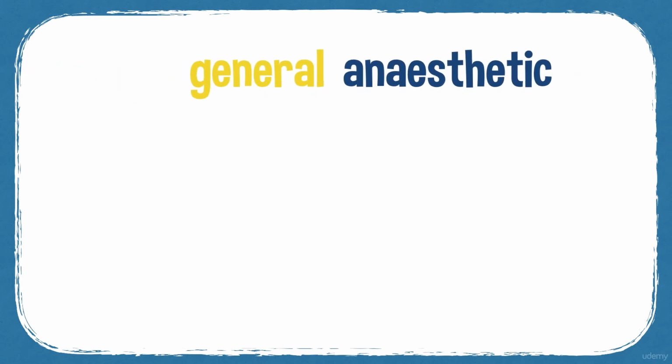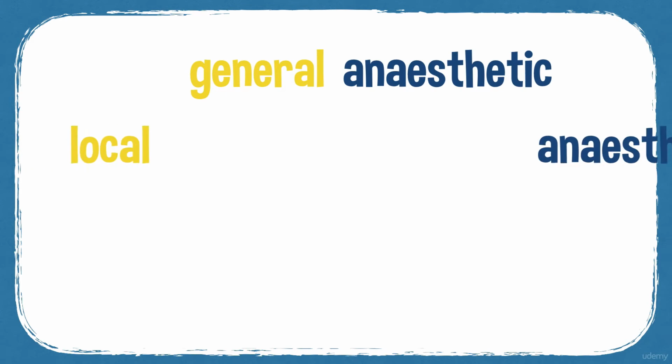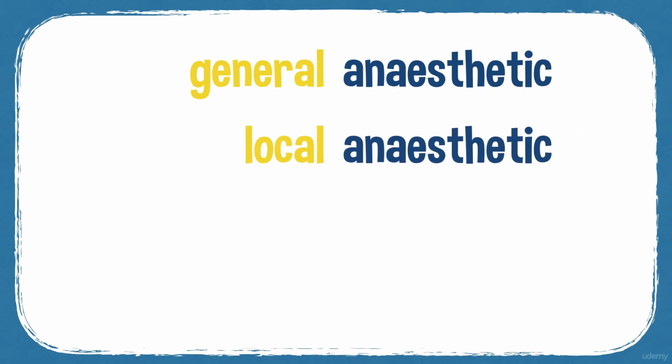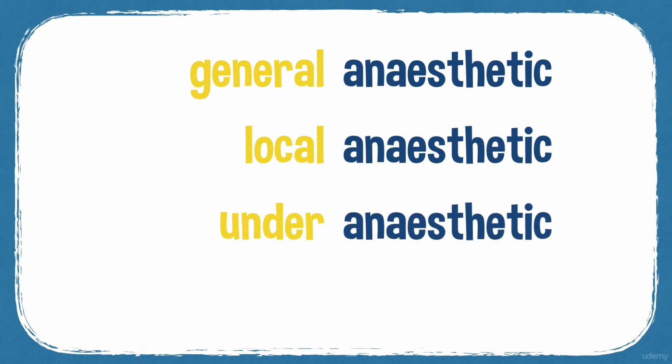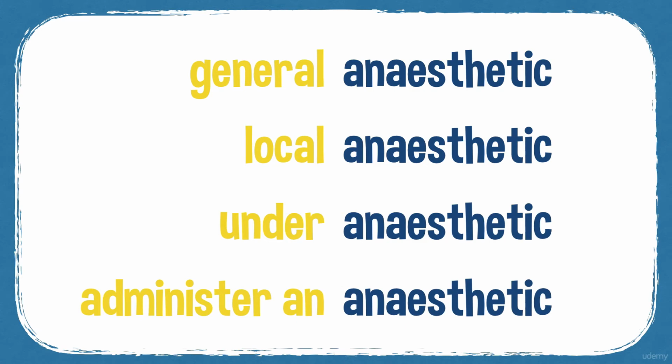So you can have a general anaesthetic, which takes the pain away from your whole body, or a local anaesthetic, which takes the pain away from a particular part of your body, such as the mouth at the dentist. And you go under anaesthetic when the doctor gives you an anaesthetic. And the doctor administers an anaesthetic.